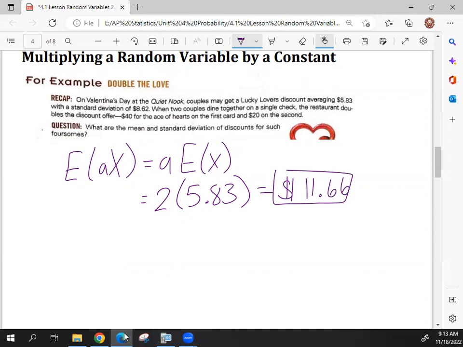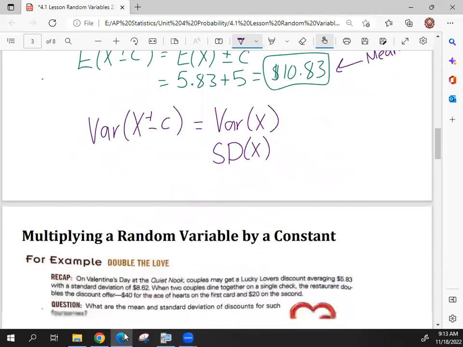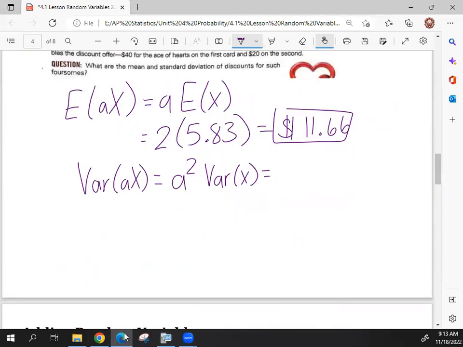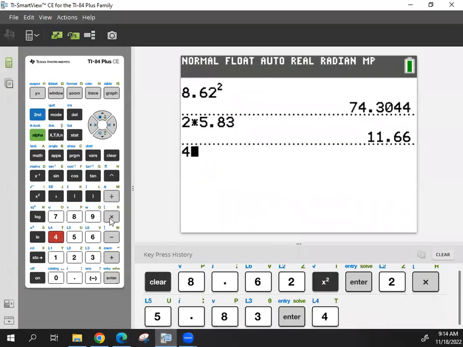And to find the variance, we are going to square the number we're multiplying by and then multiply it by the variance. So our original variance was 74 point, we'll call it 3. And so we're going to take our 2 because we're doubling, square it, and multiply it by 74.3. 2 squared is 4.